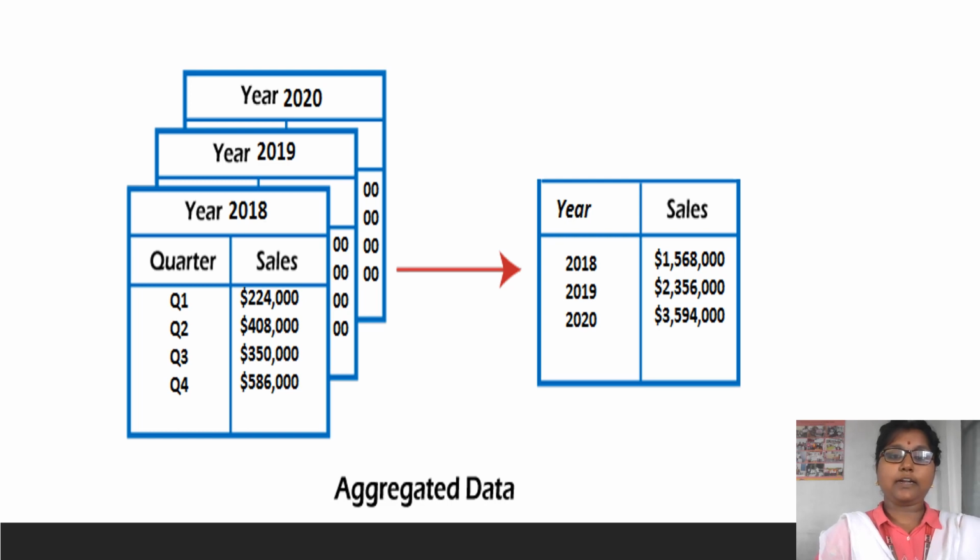We have aggregated data for the years 2020, 2019 and 2018 sales, having quarterly sales. These years' data are aggregated in one table. Here 2018 sales, 2019 sales, 2020 sales.